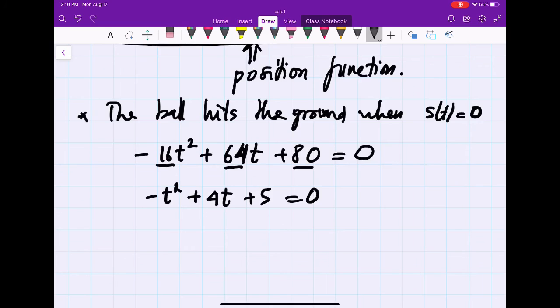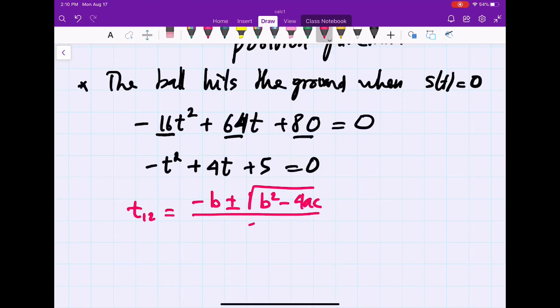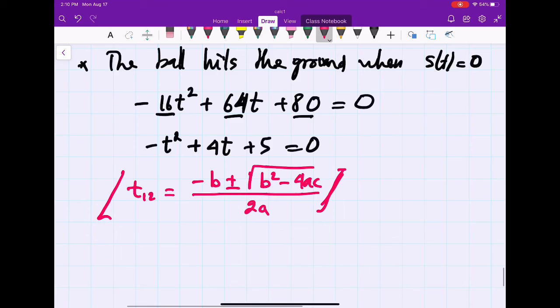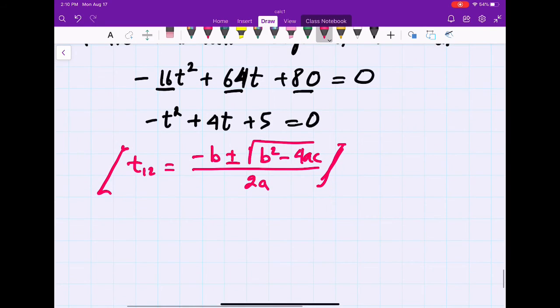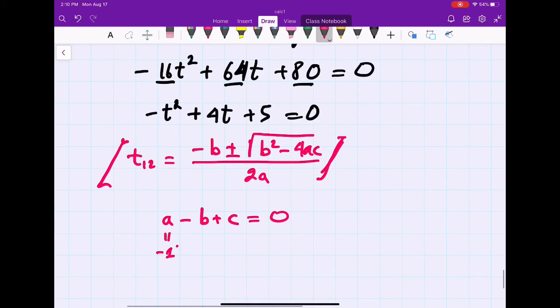Yes, in this case I think we are lucky because we don't need to use the quadratic formula. But anyway, let me write it down. I have t1,2 equal to negative b plus or minus the square root of b squared minus 4ac, over 2a. But in this situation, we have a very special form. We have a minus b plus c equal to 0, where a is negative 1, b is 4, and c is 5.